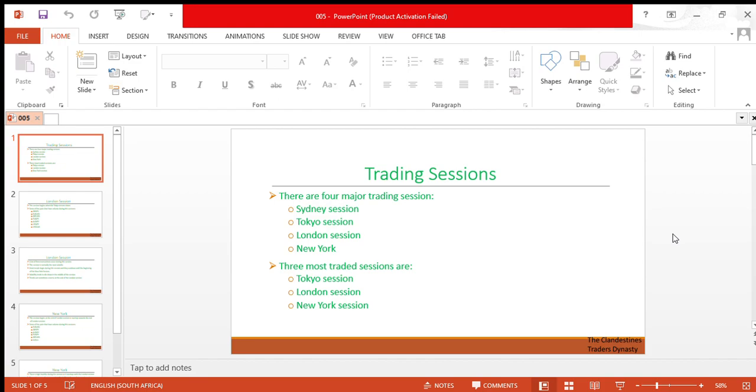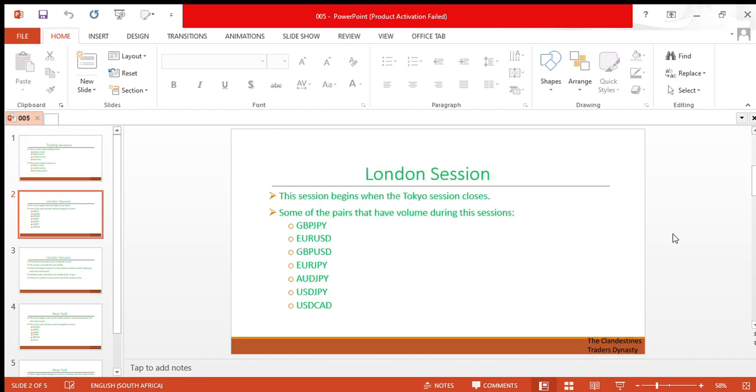The three most traded sessions are Tokyo, London, and New York. As I said, I trade London and New York because I know how they work and how they operate.